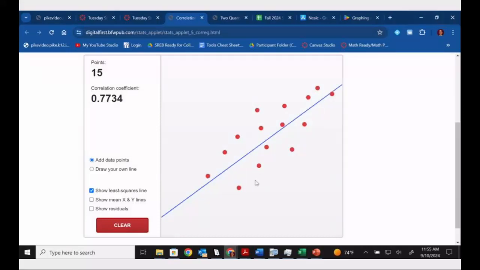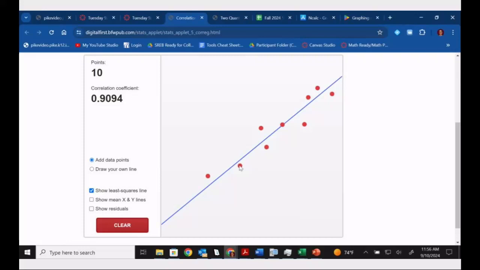Let's see what happens if I take away some of these. There we go. So I would add another point like this, something along these lines. Yours is going to look different than mine. That's perfectly fine. Click the box so that you can see that least squares regression line.